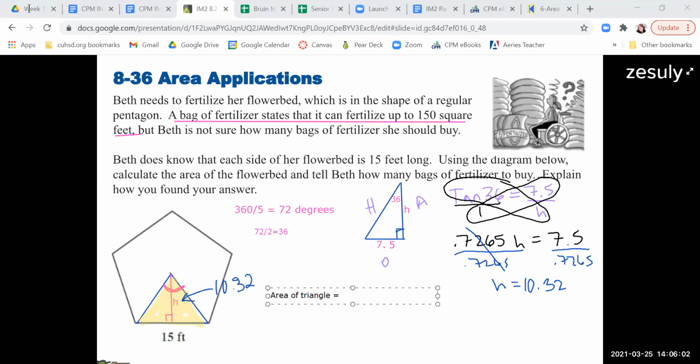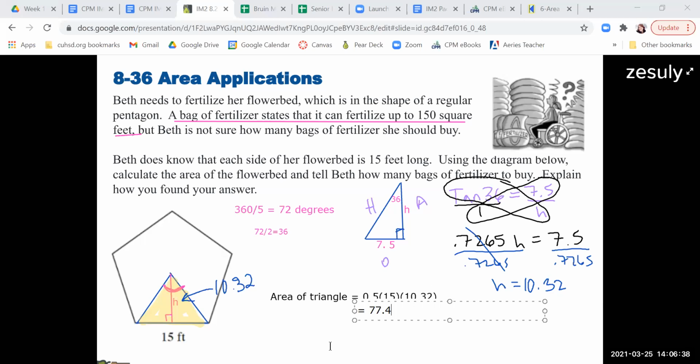Okay, so the area of the triangle will be 1/2, so 0.5, times the base, which is 15, right? Because we're doing the yellow triangle now, times the height, which is 10.32. And that gives us a total of 77.4.